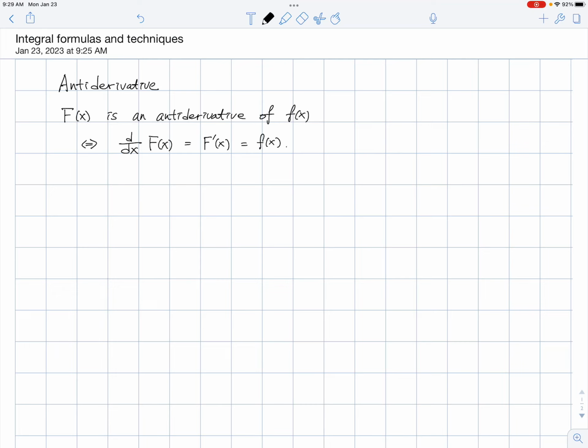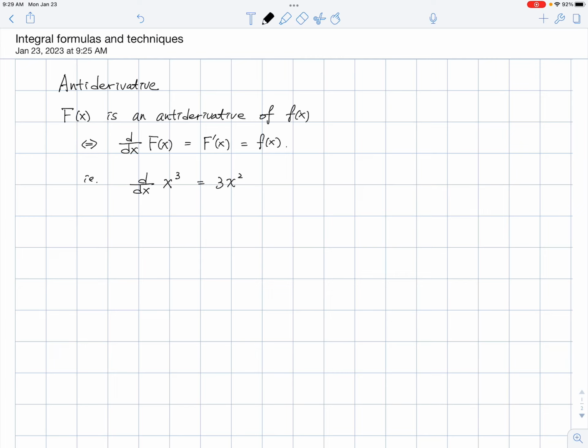And you've seen examples in your Calc 1 and 2. So for example, I know the derivative of x cubed is equal to 3x squared.